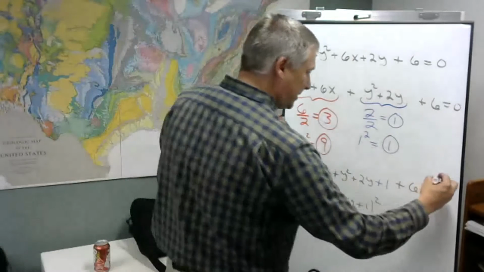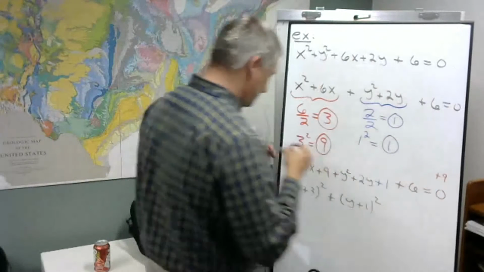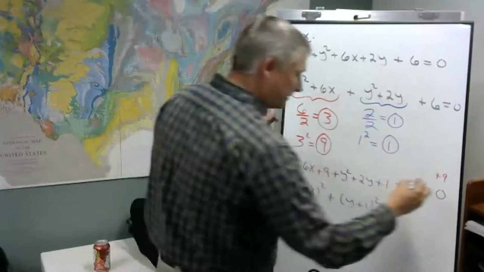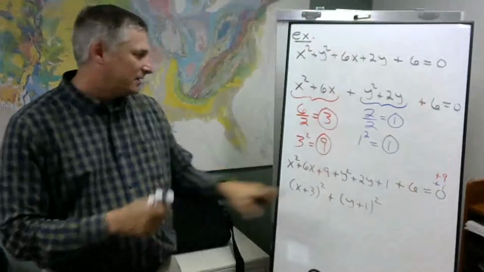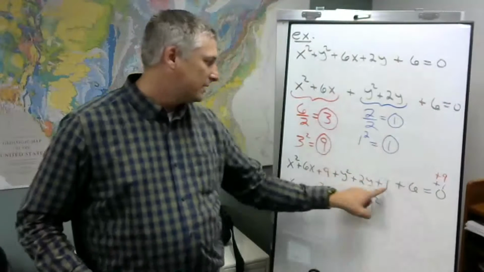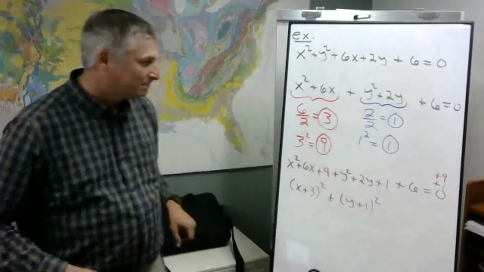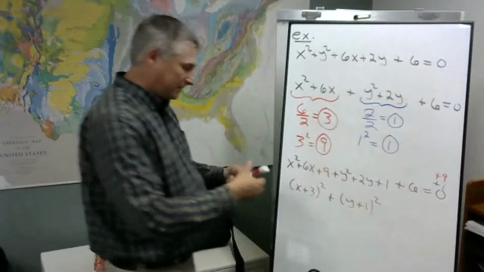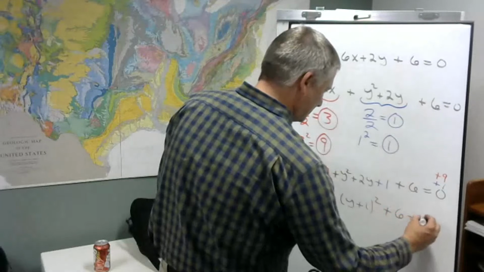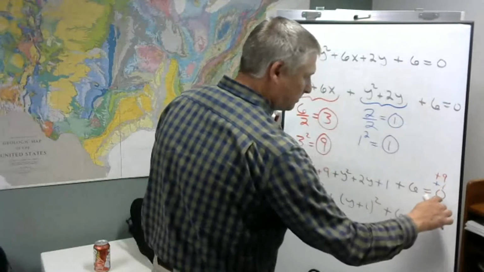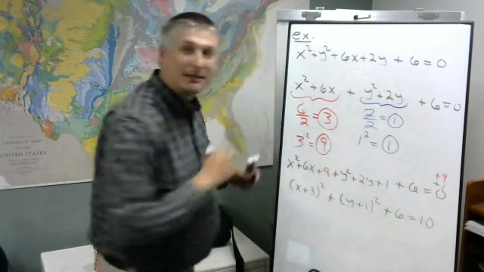On the other side of the equation, we have a plus 9 and a plus 1. I want to make sure I've added 9 to both sides and 1 to both sides. And so what we get is 10. 9 plus 1 plus 0 is 10.